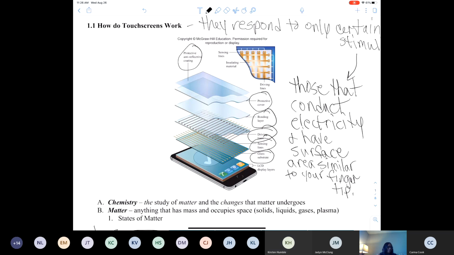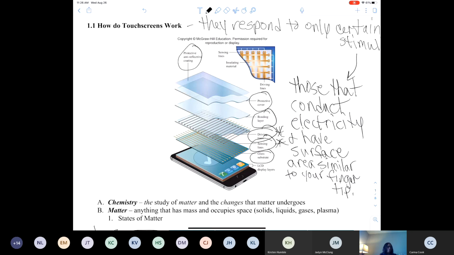What the conductors of electricity are your driving lines and your sensing lines. Those components of the touchscreen is where your metals are. And so therefore, when you touch your finger, which is electrically conductive, to that screen, the driving lines and the sensing lines are responsible for invoking a response based on being touched by your finger.